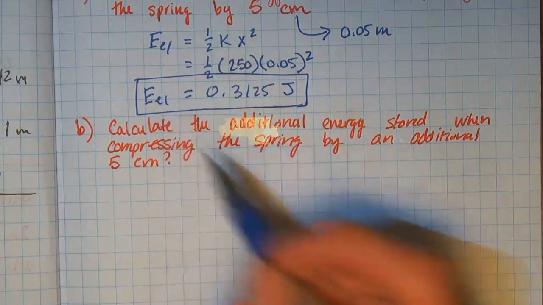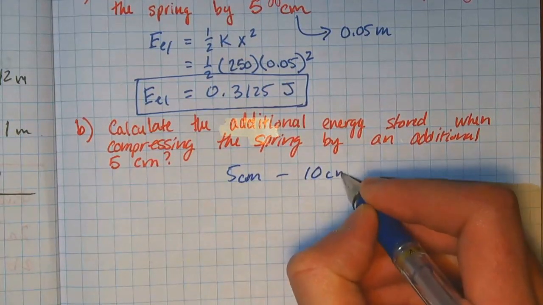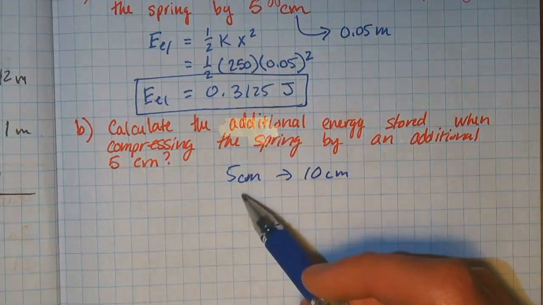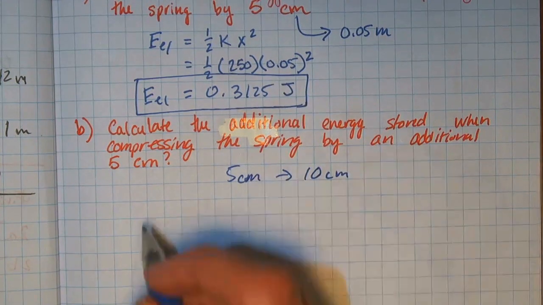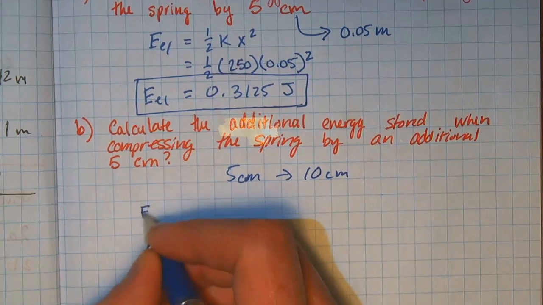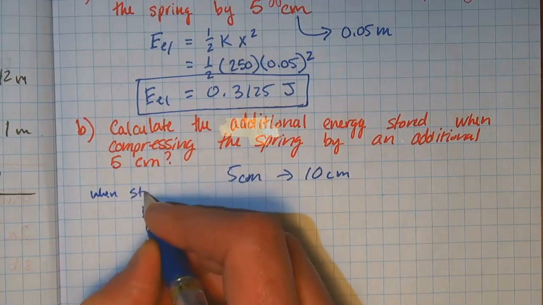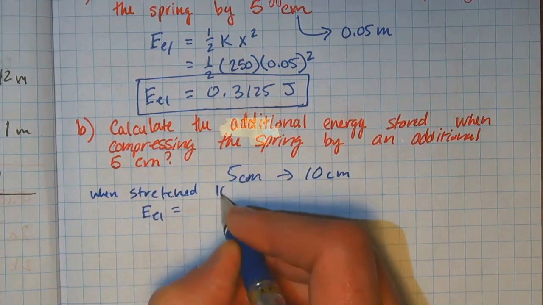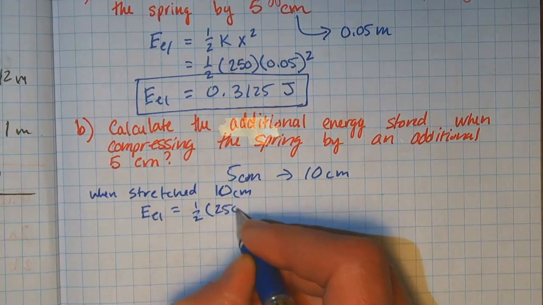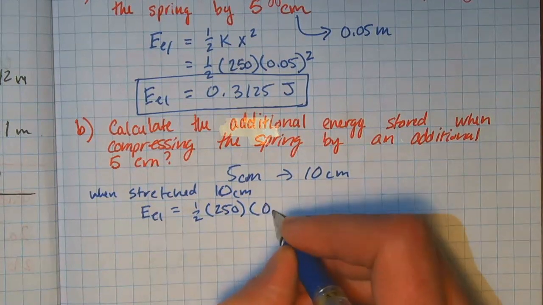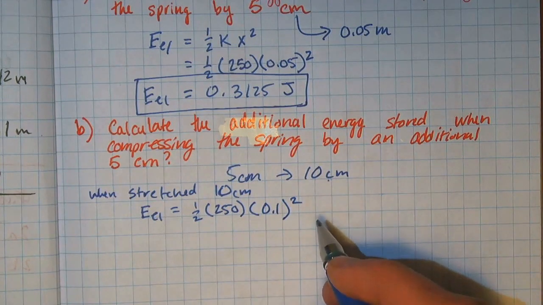So that means we're basically stretching it from 5 centimeters to 10 centimeters, right? So we know that when it is stretched 5 centimeters, we are storing that much energy in it. So let's see how much energy is in it when we stretch it 10 centimeters. So the elastic energy when we stretch it to 10 would be 1/2 times the 250, times 0.1, because 10 centimeters, you divide by 100, you get 0.1.